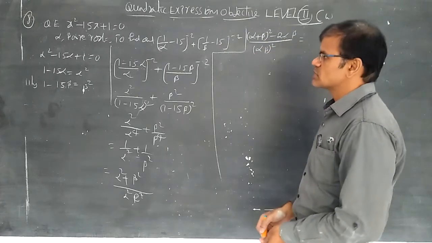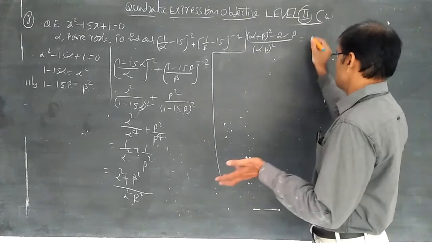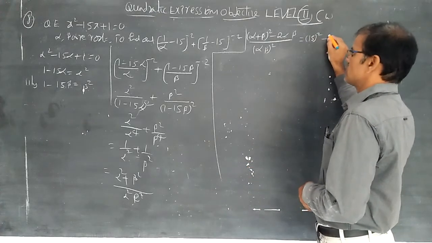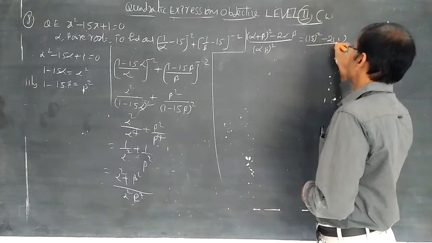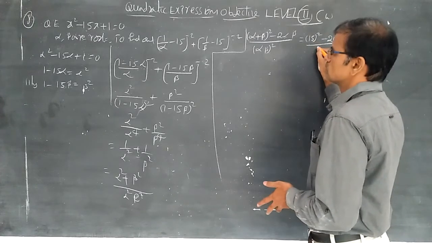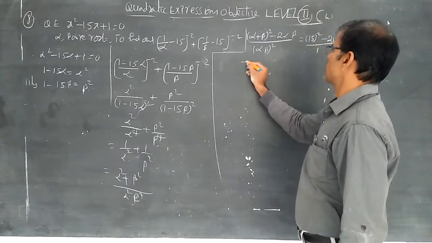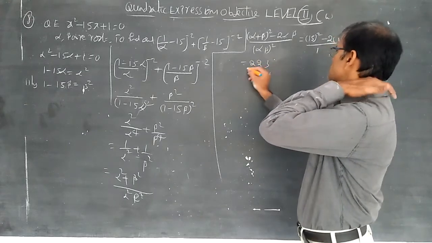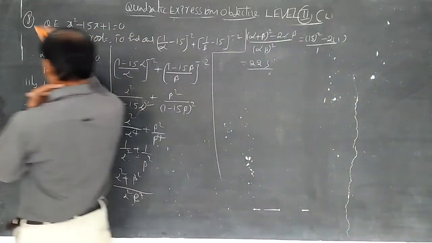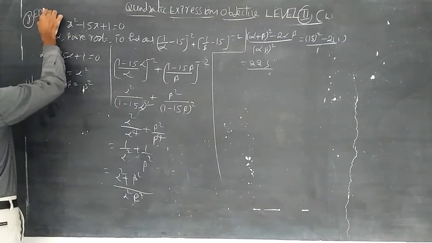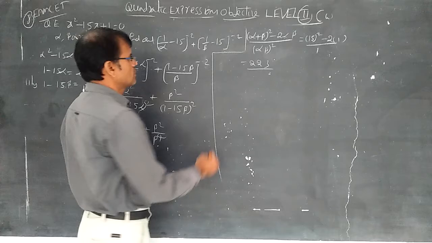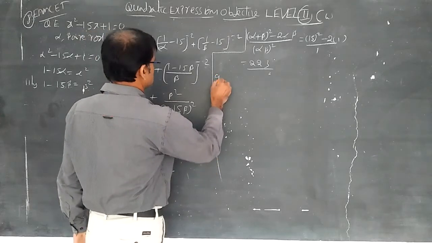Alpha plus beta is the sum of roots, which is 15. So 15 whole square minus 2 into 1, by 1. 15 whole square is 225, and 225 minus 2 is 223. This is the answer. Students, this is from the previous exercise.